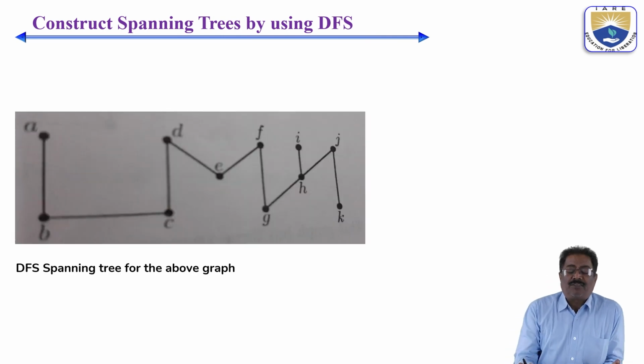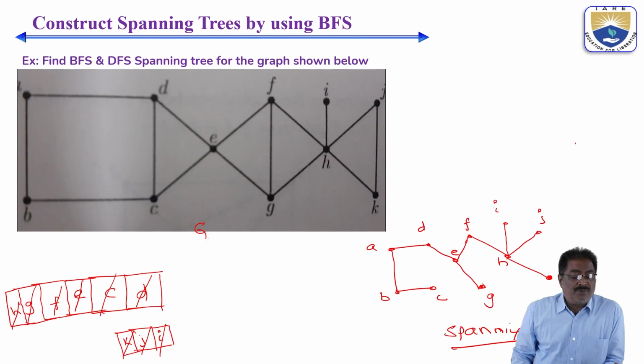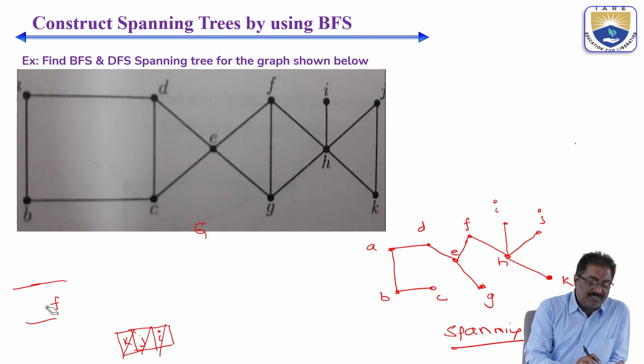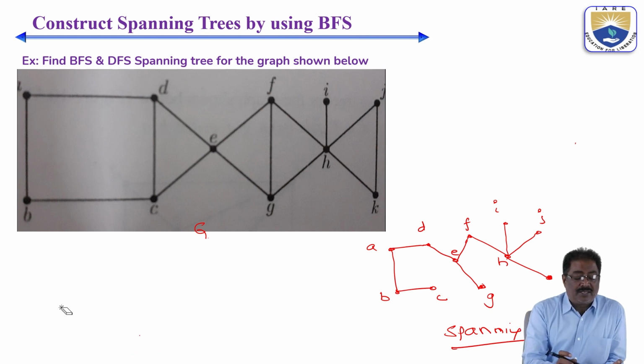And now let us go for the same, and consider the DFS spanning tree for this. While considering the DFS spanning tree, we have to consider the stack, and based on that we are going to move.